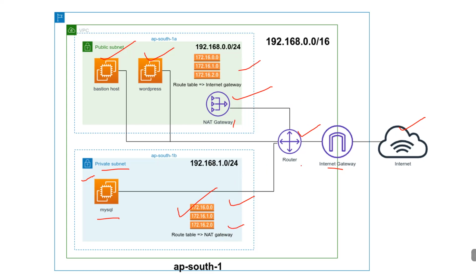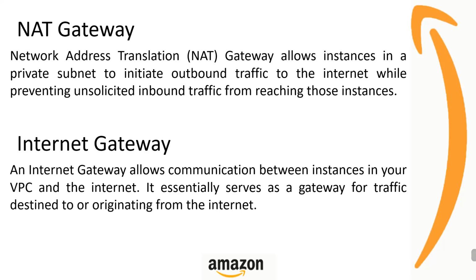Sorry, this is the router, not a route table, and this router is connected to our resources. You can see this is the MySQL, and these are the two instances. So this is the definition of the NAT gateway and internet gateway.